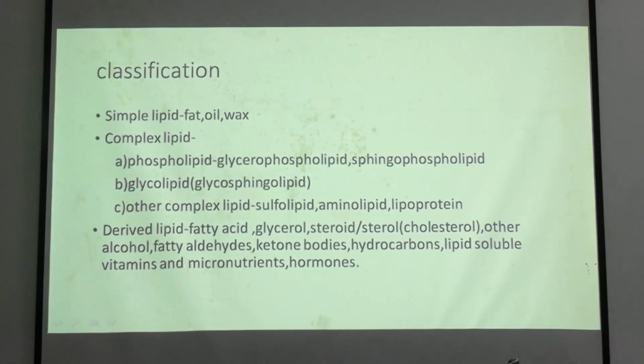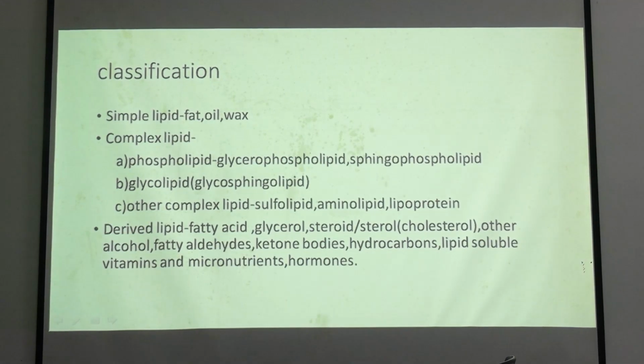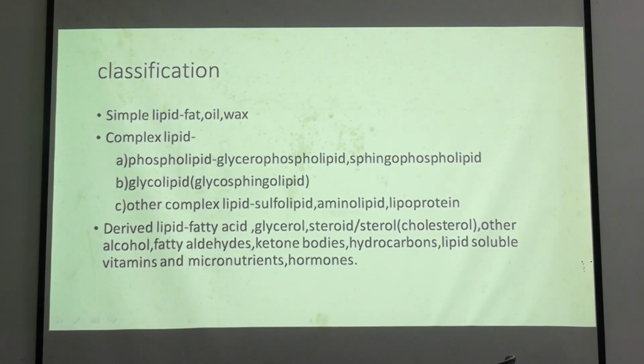And sphingophospholipid is also an ester, but here sphingosine is the alcohol. And glycolipid, also called glycosphingolipid, has no phosphoric acid residue.